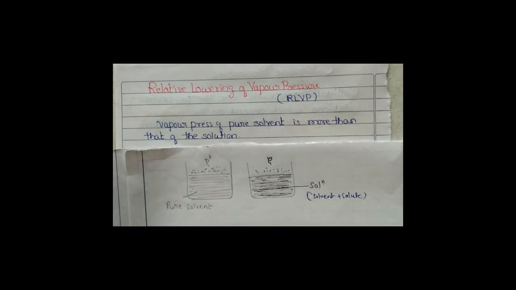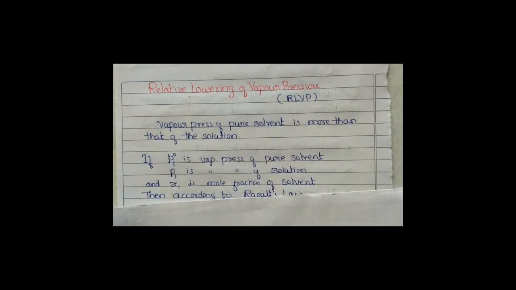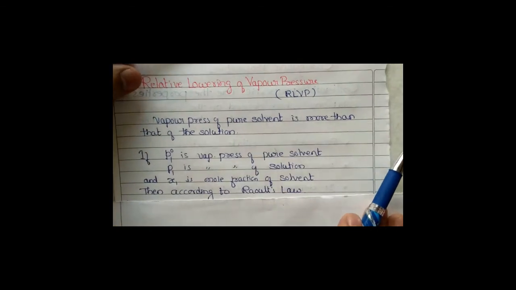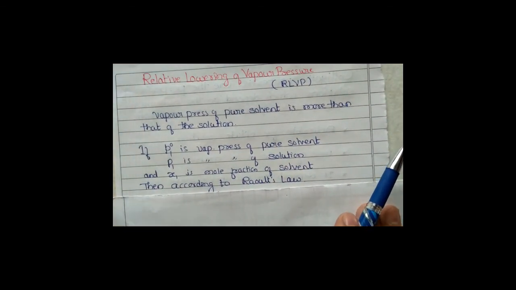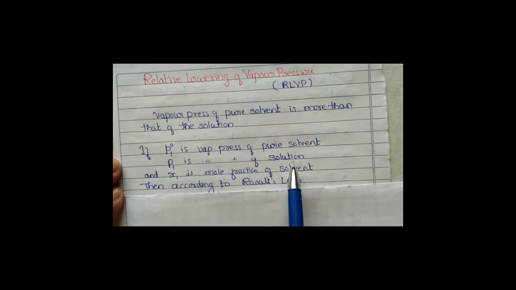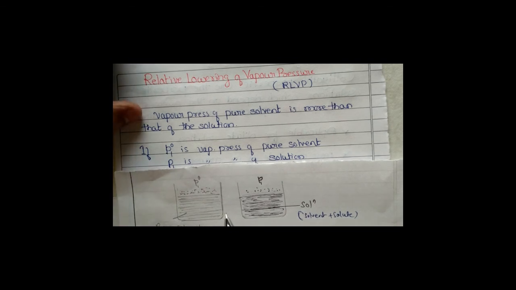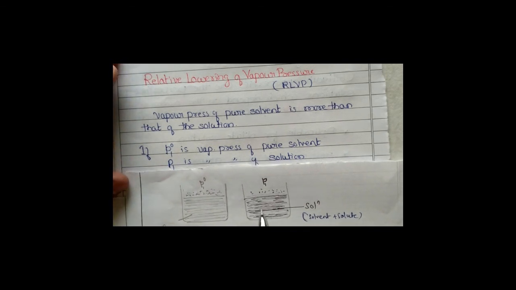So now let us consider how to get the expression for this. Suppose P01 is the vapor pressure of pure solvent, as shown in the diagram, and P1 is the vapor pressure of the solution. Here we have taken a pure solvent and a solution.